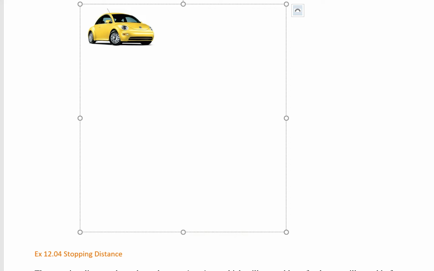And you would be aware that if we talk about needing to stop the vehicle, then from the time that you decide the vehicle needs to stop until it actually does stop, there is a certain distance that the vehicle will travel. So we refer to it as the stopping distance.